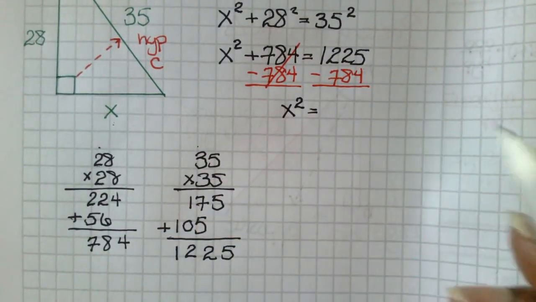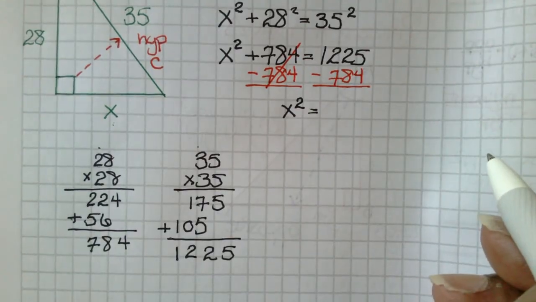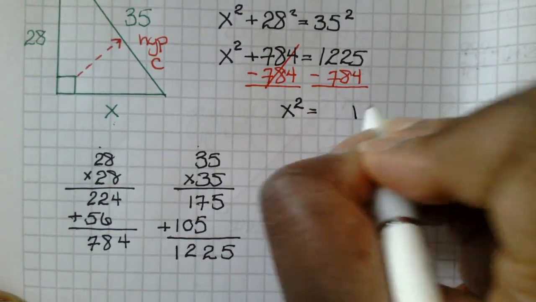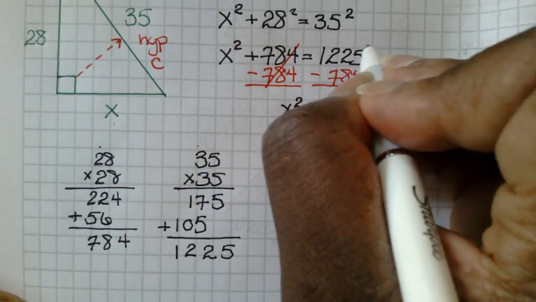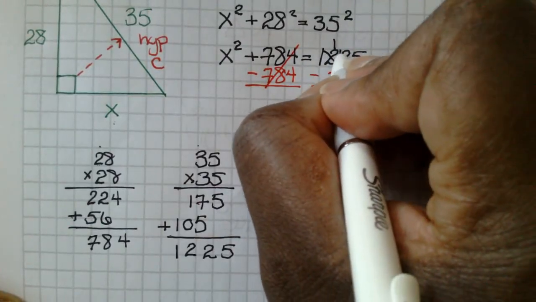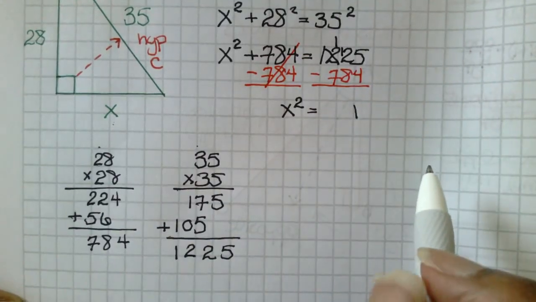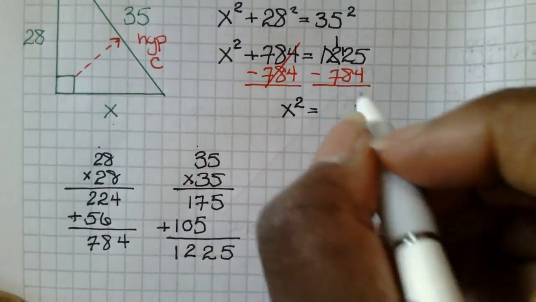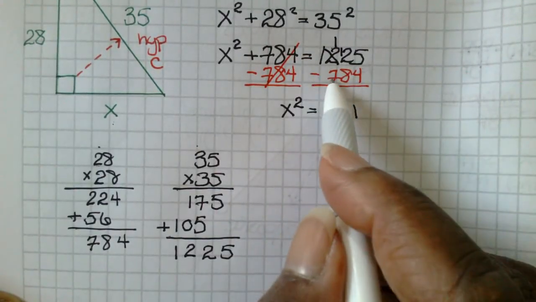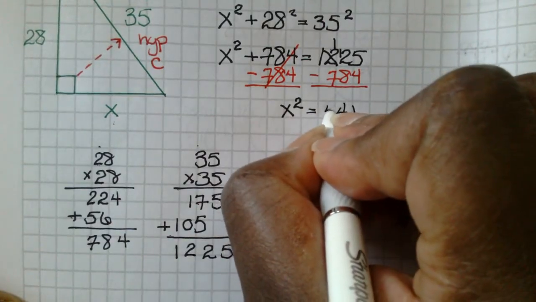So now let's subtract, and what do we get here? 5 minus 4, that gives us 1. I'm going to borrow from this 12 to make it into 11. Now I make that 2 into a 12. 12 minus 8, that gives me 4. And then 11 minus 7, that gives me 4.